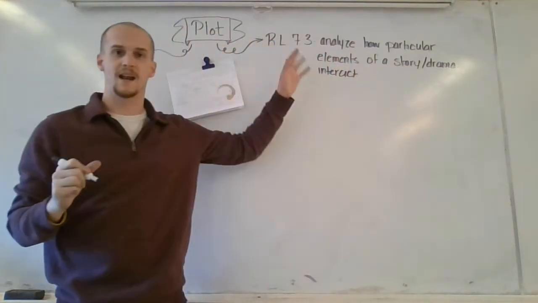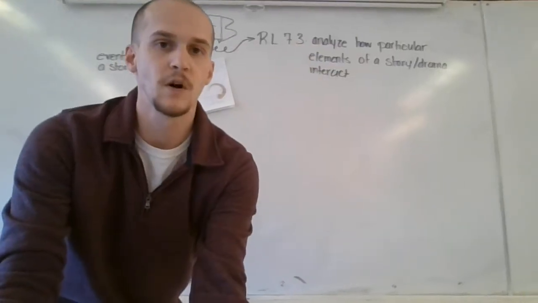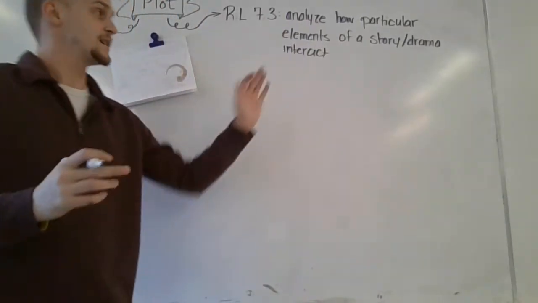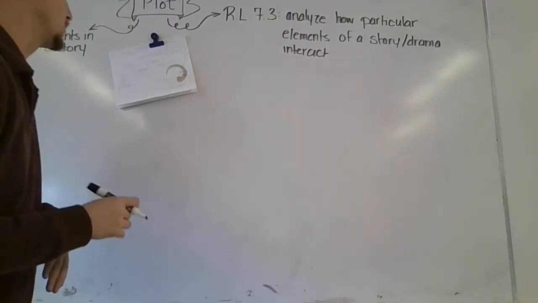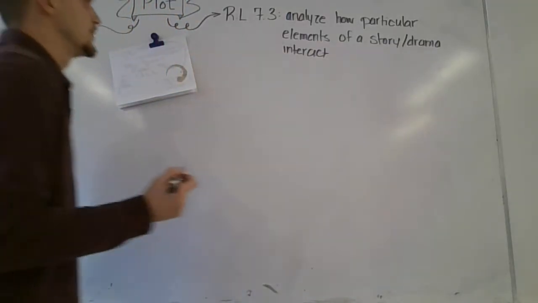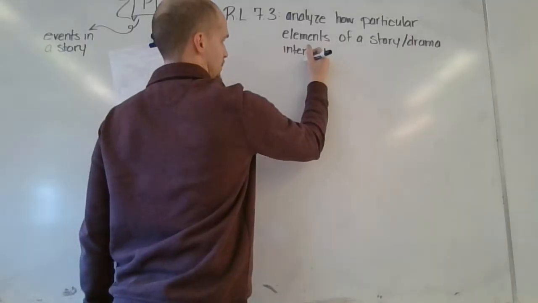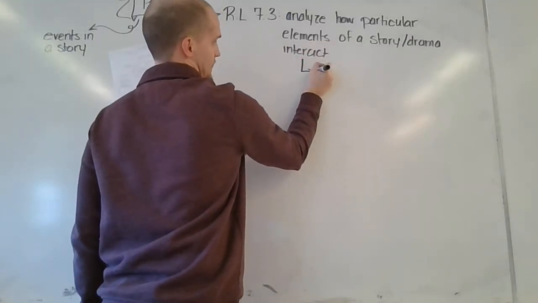So we have to be able to analyze how particular elements of a story or drama interact. Well, nobody really talks like that. So let's just put it in regular terms that people understand.